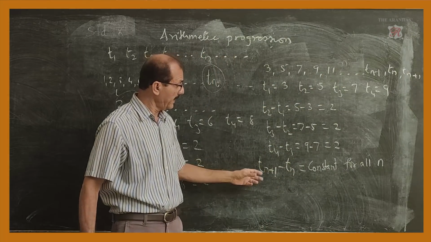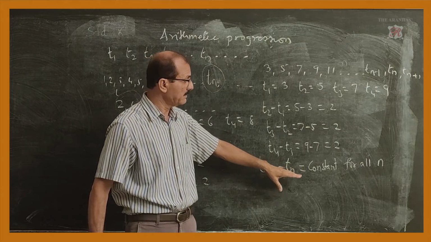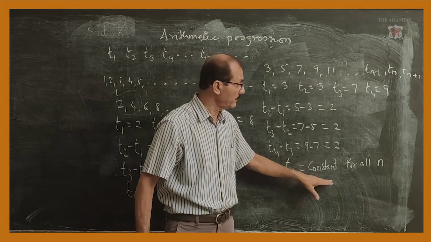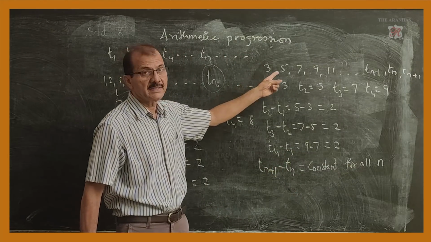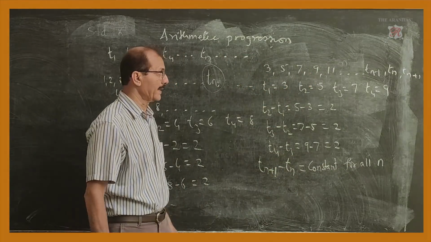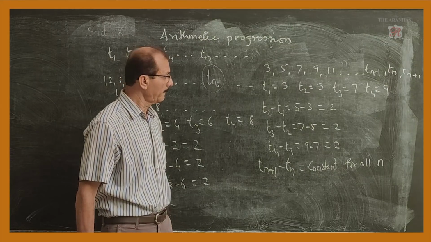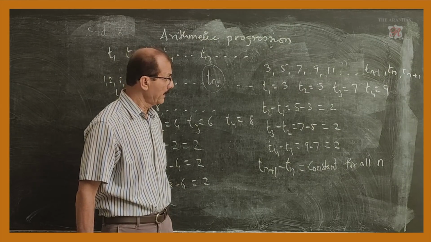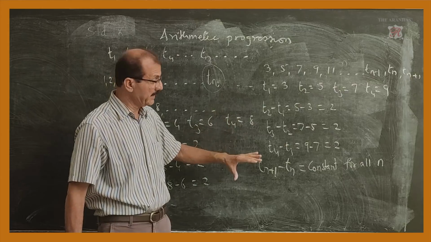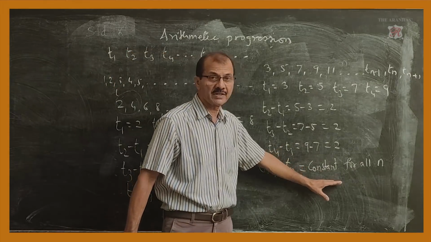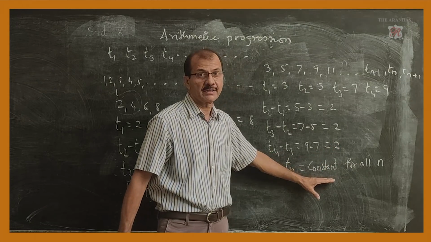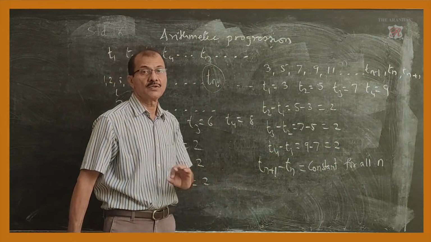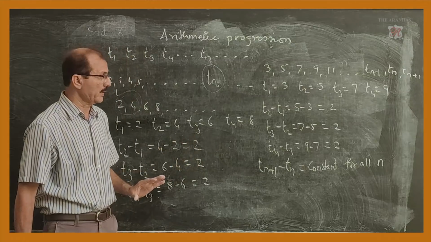So if you find that the difference Tn plus 1 minus Tn remains constant for all n, that means the given sequence is an arithmetic sequence. Is that clear? And if you find that the difference is not constant, then the given sequence is not an arithmetic sequence.